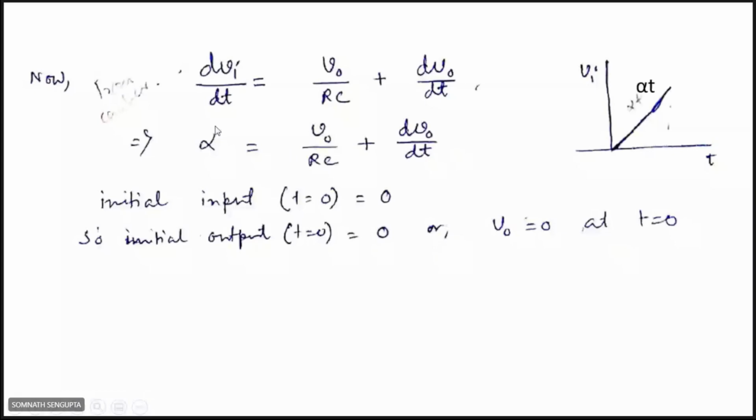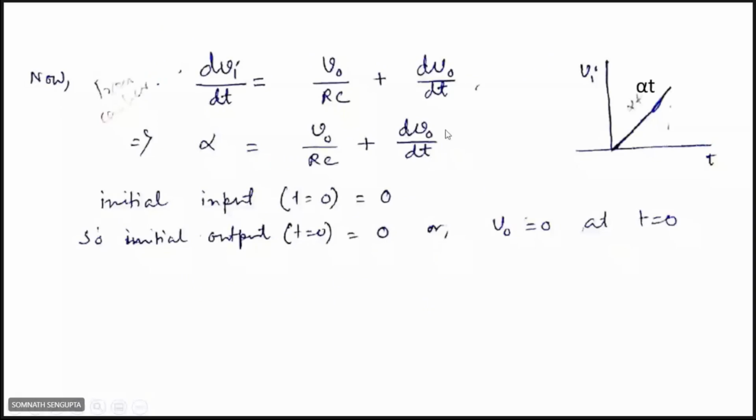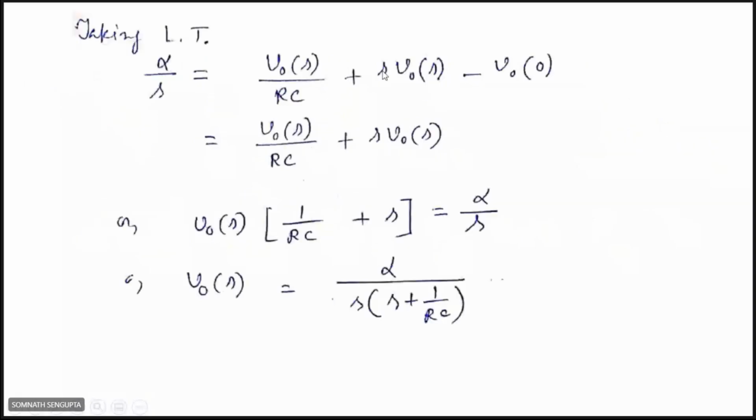So again we apply Laplace transform on this equation. Alpha is a constant, so its Laplace transform is alpha by s. Since it is v0, it is v0s by rc, and since it is differentiation dv0 dt, it will be s v0s minus v0 at 0, that is the initial value of the output voltage at t is equal to 0.